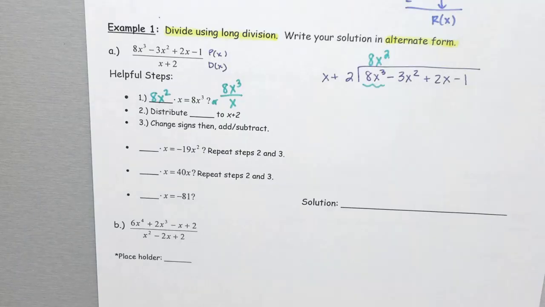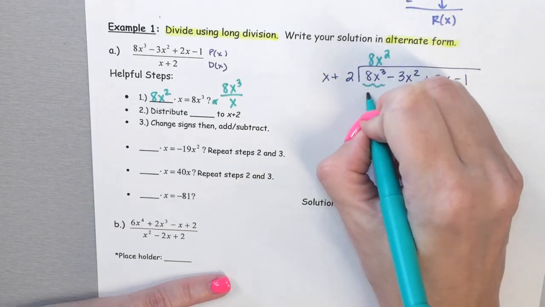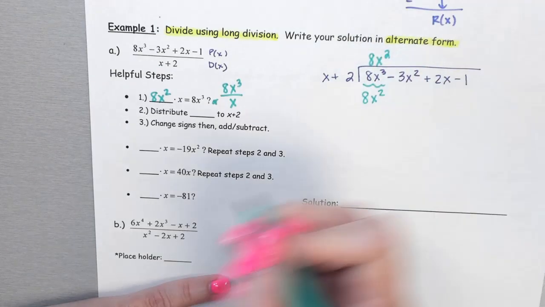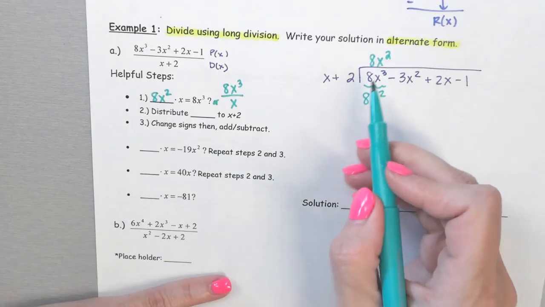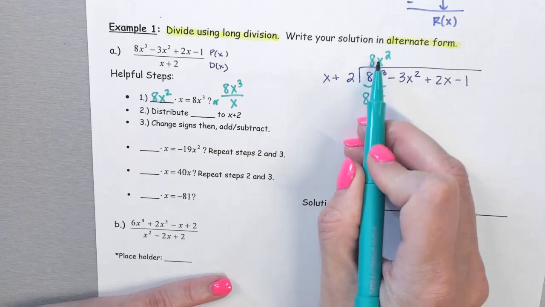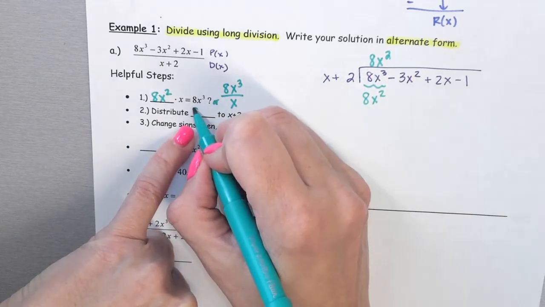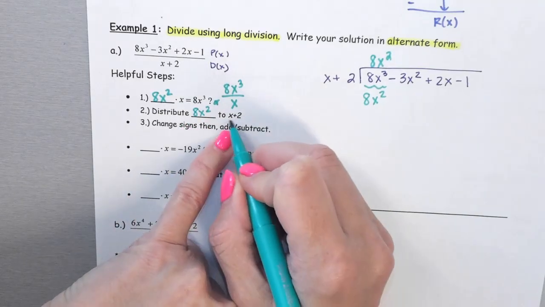Now remember, to get what's underneath, you multiply. So we multiply 8x squared times x. The only thing that's different with polynomial multiplication is you are going to have to distribute. So we multiply that by x. We also have to multiply that by 2. So we're going to distribute the 8x squared to x plus 2.